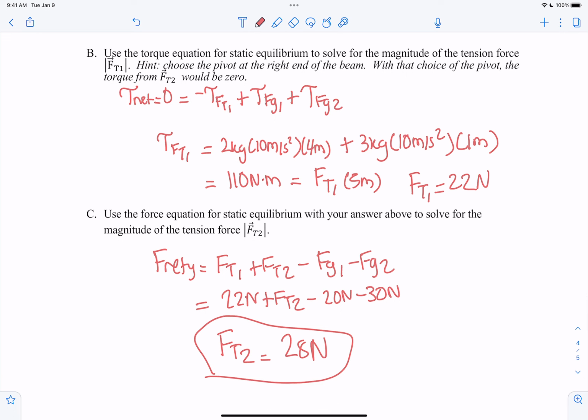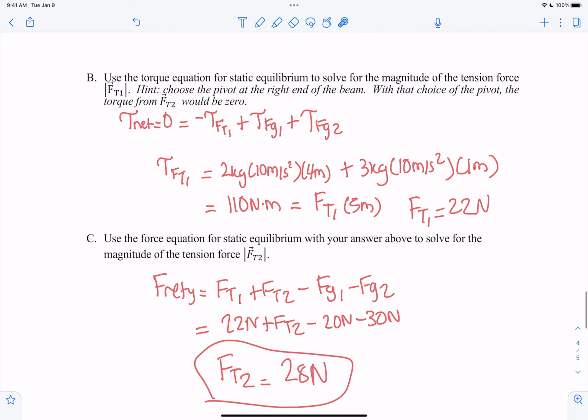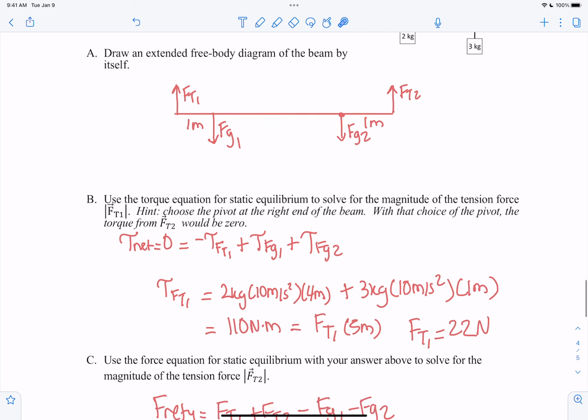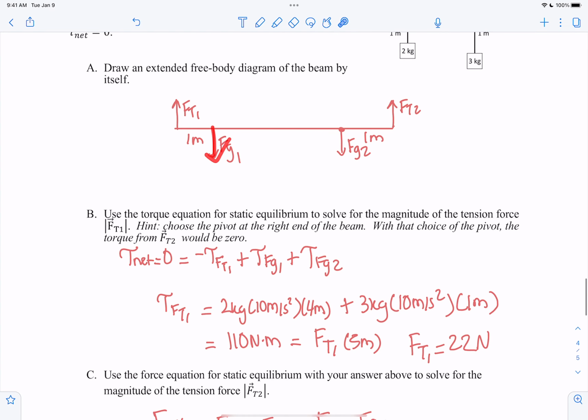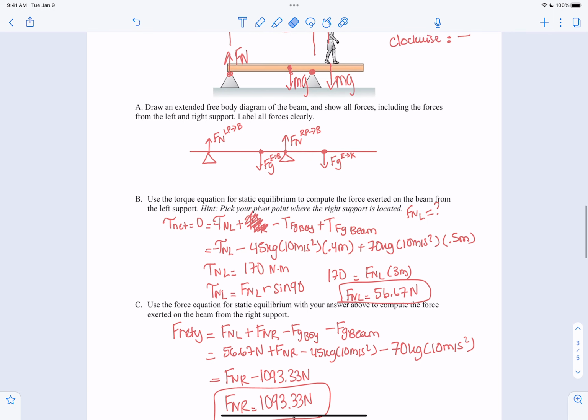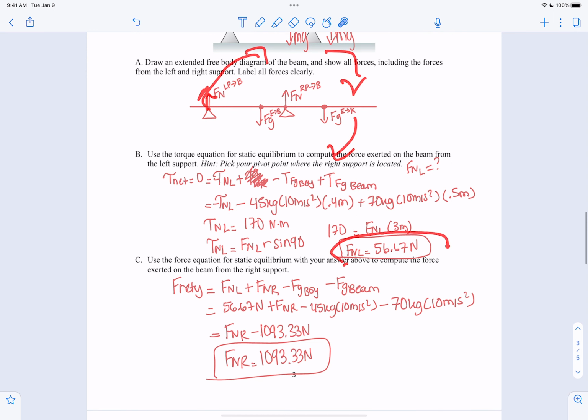FG1 and FG2 are negative since they're directed along the negative y-axis. Yes, they provide a counterclockwise direction, and that gives them a positive torque, but they're directed along the negative y-axis. That's kind of the distinction here. The torque is negative in the sense that it helps you move in the clockwise direction, but the force itself is directed along the positive y-axis.